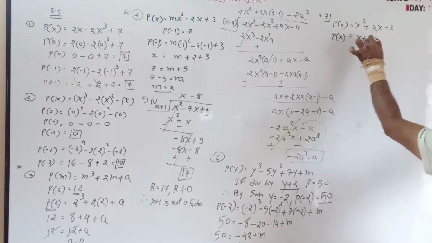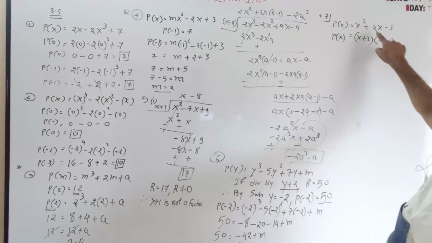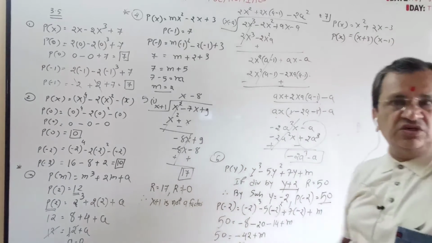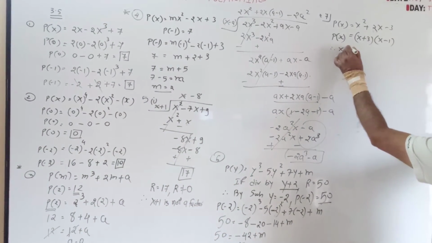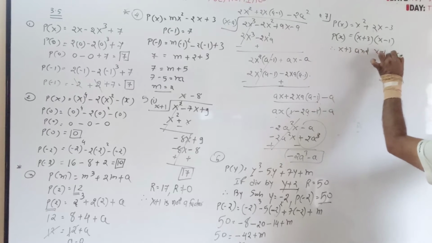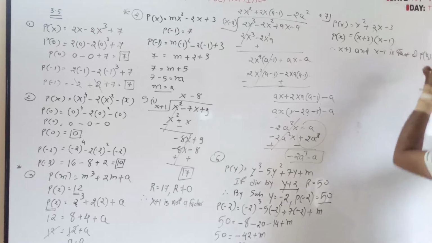So x plus 3, x minus 1. 3 minus 1 is equal to 2, and 3 into minus 1 is equal to minus 3. So these are the two factors. Therefore, x plus 3 and x minus 1 are factors of P of x.